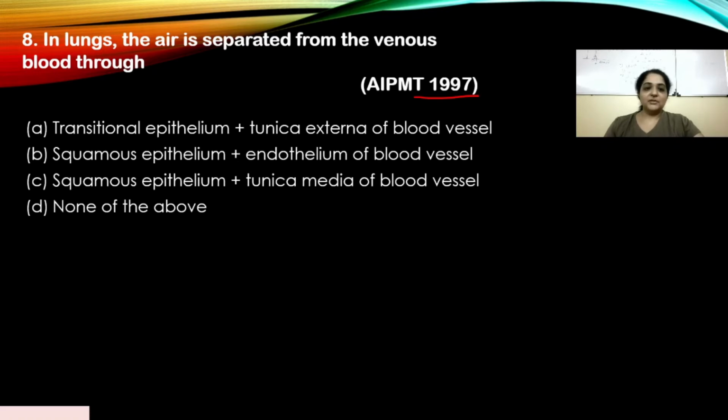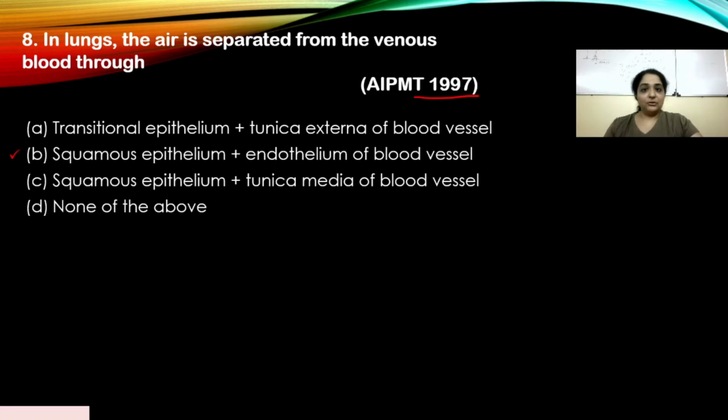B, squamous epithelium plus endothelium of blood vessel. That is correct. C, squamous epithelium plus tunica media of blood vessel. That is not true. D, none of the above. If you don't know any of them, you just tick D, none of the above. But anyway, you have to tick the right option, and that is B. So if you put option B, that means you got the correct answer.